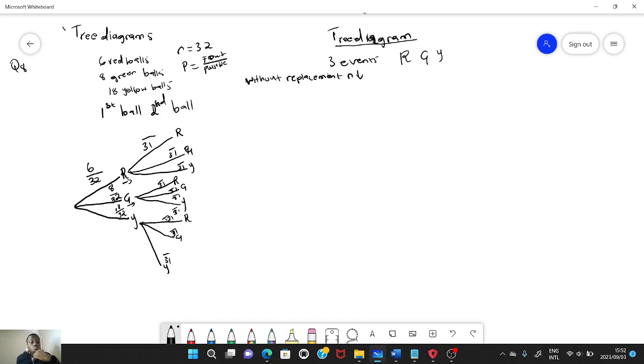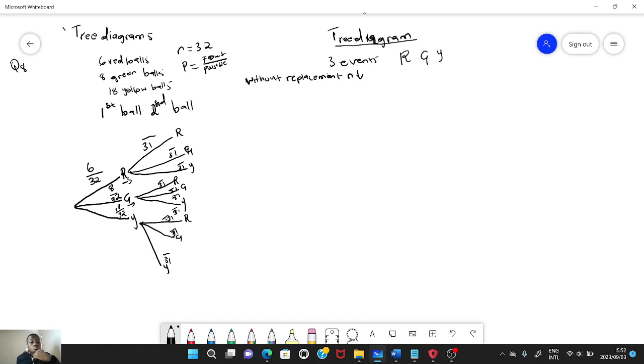We still have R, G, Y, R, G, Y, R, G, Y. Here we had 18 over 31, here we had 6 over 31, here we had 7 over 31, and here we had 18 over 31.